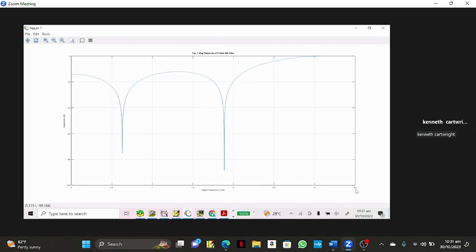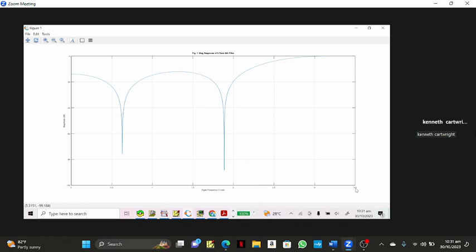Let me repeat my question. This digital frequency here is pi, 3.14 rads. The sampling frequency is 10,000 hertz.